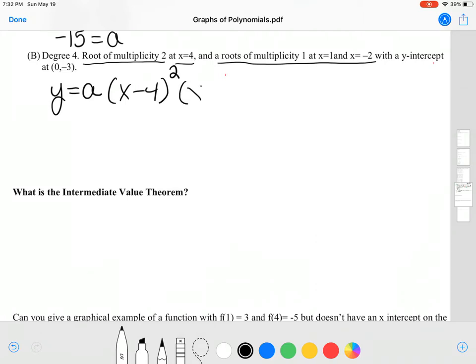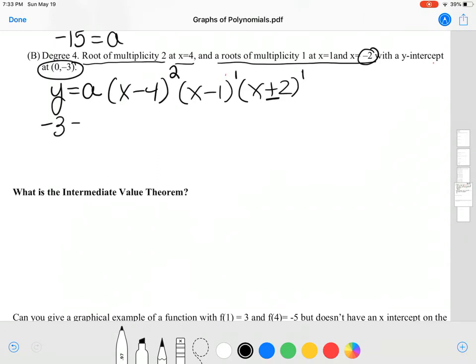I have x minus 1 as a factor to the first because it's multiplicity 1. And I have x plus 2 to the first because it's multiplicity 1. Remember, we want to make sure we use opposite signs so that when we plug in negative 2, we get out 0. So then the extra information that is given to us is the y-intercept, which is 0, negative 3.